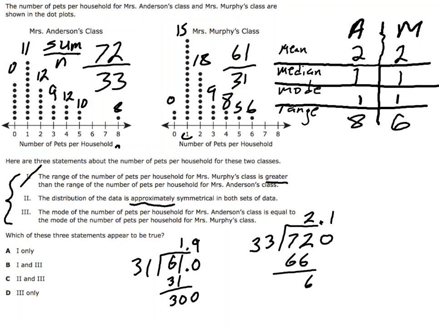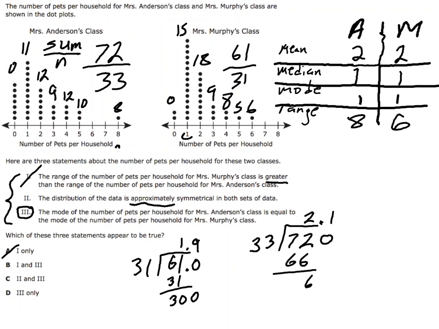So number 3, the mode of the number of pets per household for Mrs. Anderson's class is equal to the mode for Mrs. Murphy's class. That's true because the mode in both cases is 1. So let's look at our options. I know our answer has to include 3, so we can eliminate that one.